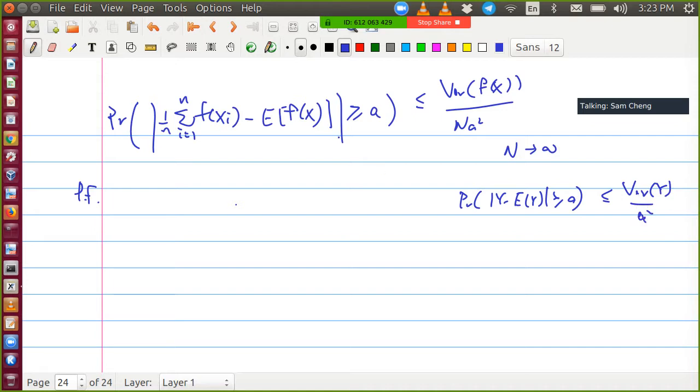So what we need to do is set y equal to this guy here. Therefore, if we try to compute the variance of y, what is that?